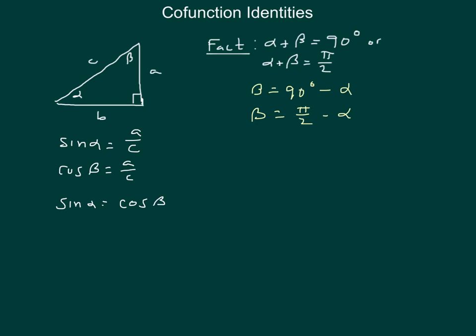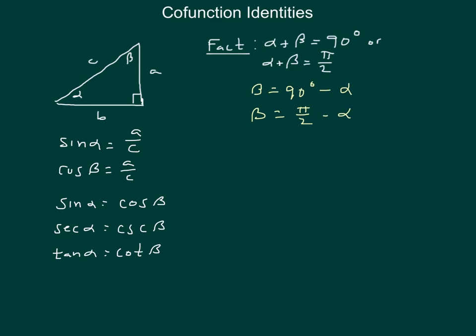That will also be true for other values too. The secant of alpha is equal to the cosecant of beta, and the tangent of alpha will be equal to the cotangent of beta. So now we're going to take this piece right here and this fact here to give us what are called our cofunction identities.